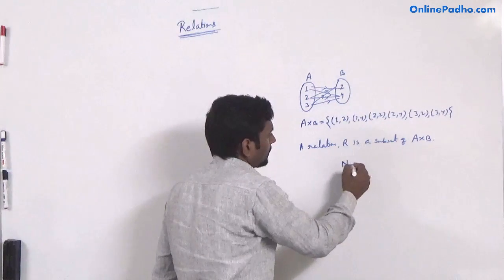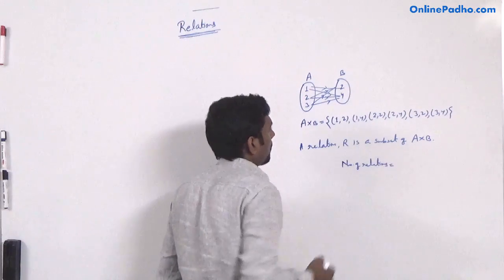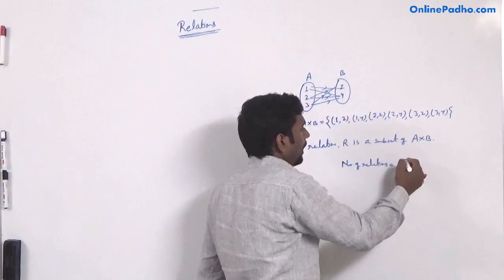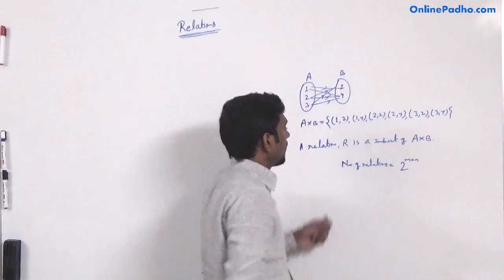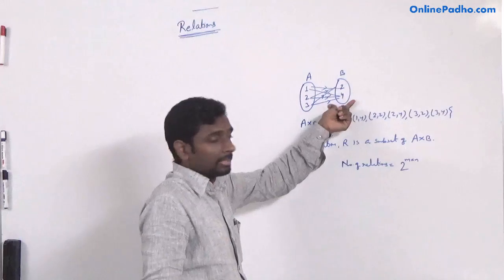The number of relations formed from these is 2 to the power m multiply n, where m is the number of elements in the first set and n is the number of elements in the second set.